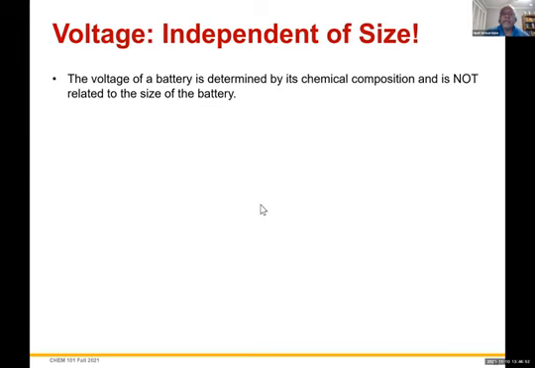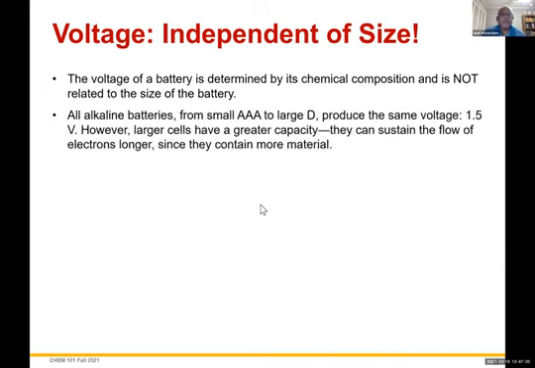The voltage of a battery is dependent on the chemical composition, whether it's copper and zinc electrodes in the battery, or nickel cadmium, etc. But battery size also indicates the capacity of the battery.